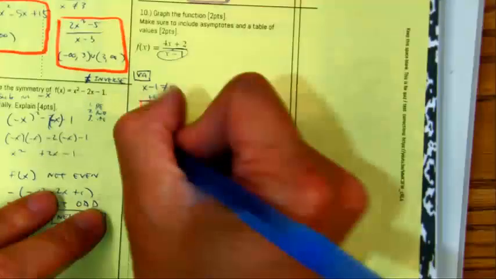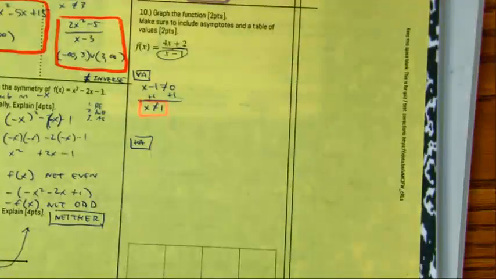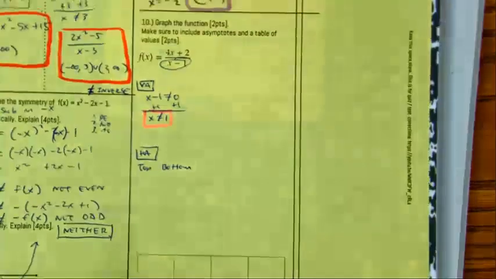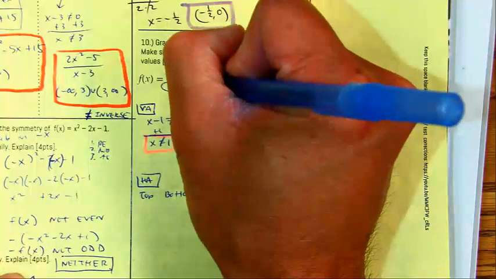For the horizontal asymptotes, you're going to compare the highest exponent of both the top and the bottom. Here is a 1, and here is a 1.